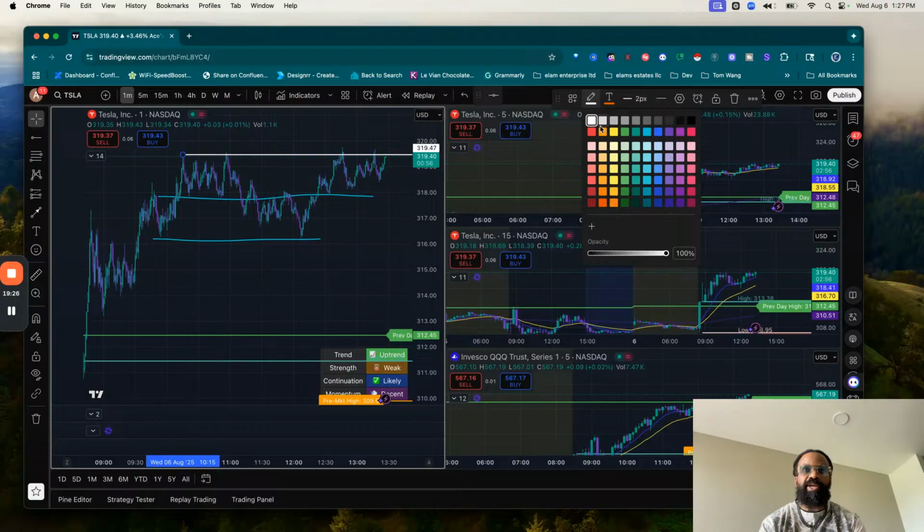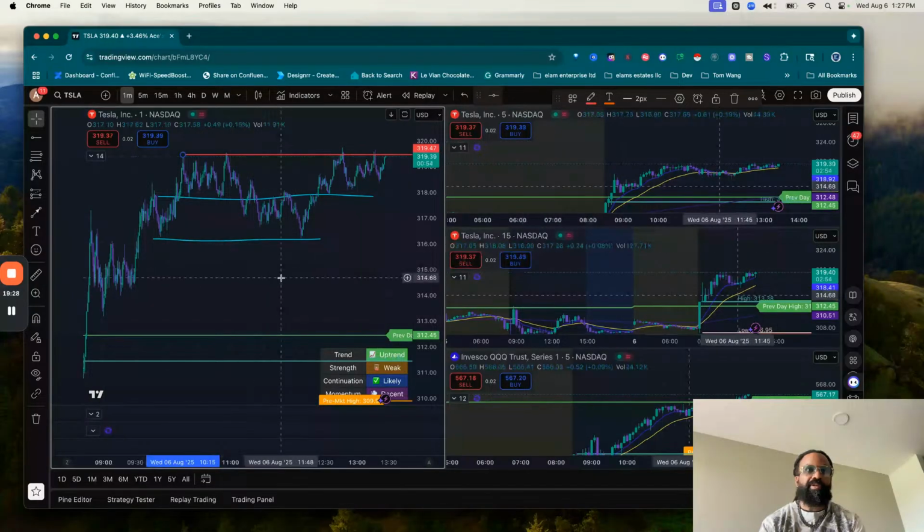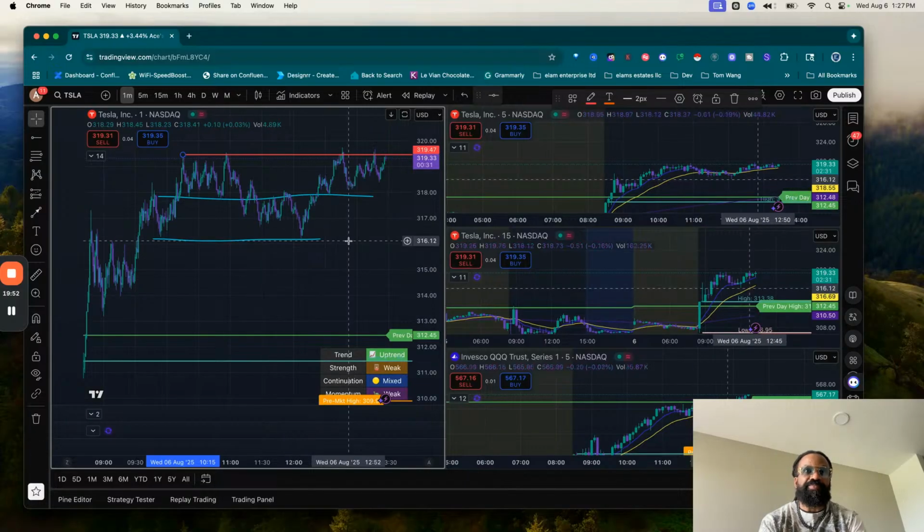And let's make it red. All right, let's see what happens on this next candle here. I want significant displacement, right? We want buyers to step in aggressively on this next candle. Sellers are trying to fight back though.